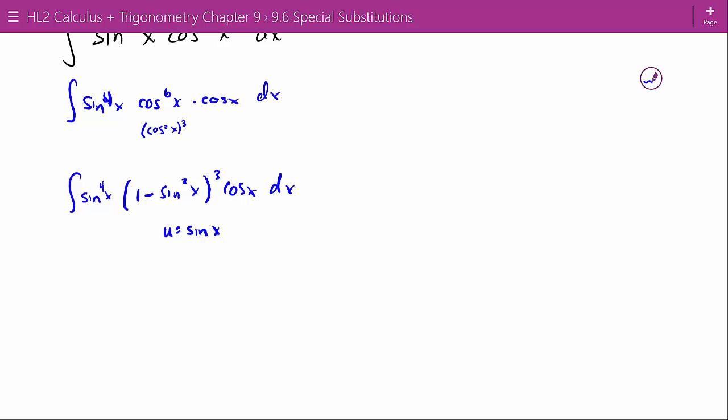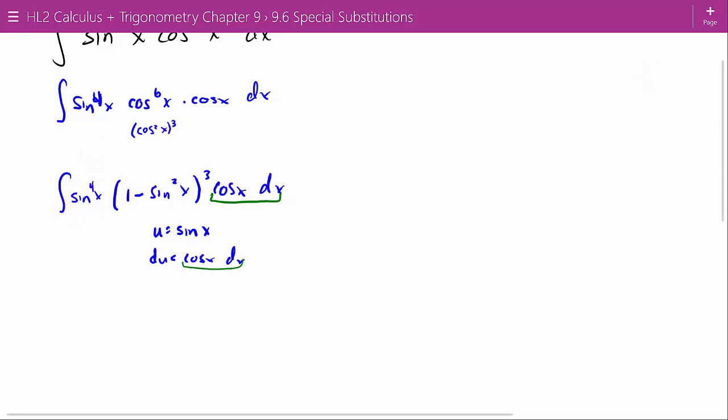I shouldn't say the same thing because I'm not going to distribute, because expanding this out right now, the (1 minus sine squared x) cubed, that's going to get really big. But I can let u equal sine of x right now. du equals cosine x dx. Well, isn't that nice? There's cosine x dx.